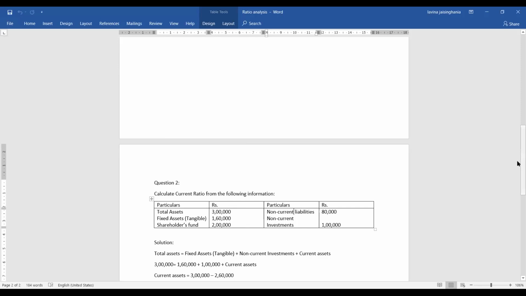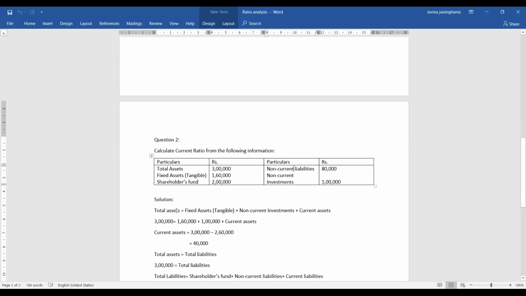Okay. So what we can do is, see, when we think about our balance sheet, what do you think? Total assets include what? Fixed assets, non-current investments, and the rest would be current assets, right? Now we are given total assets, we are also given fixed assets, and we are also given non-current investments. What is not given is current assets. So we can find this missing figure.